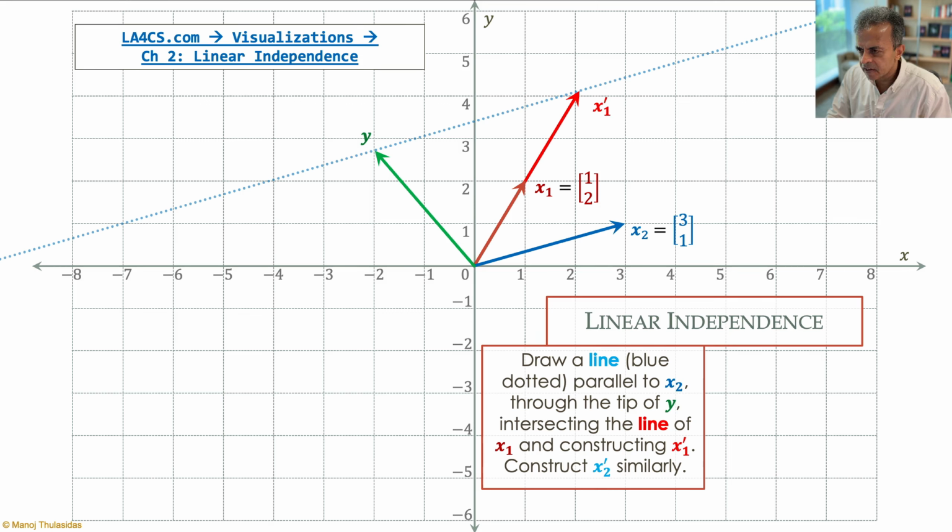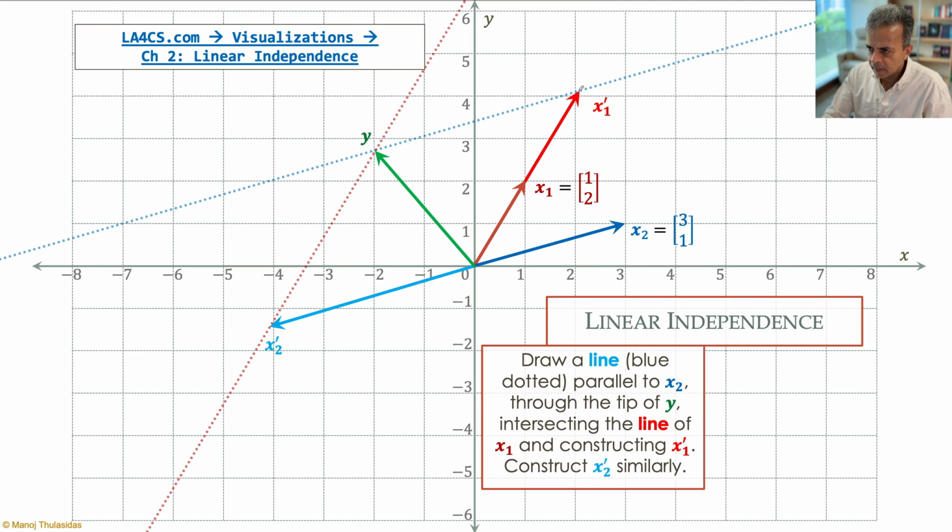Now I have hit the blue dotted line with my red vector, and the second thing I would do is to do the same thing with my blue vector. So that means I'll draw a red dotted line along my x1, then move it to the tip of y, then extend my blue vector to that line. Now can you see that y is actually the sum of this vector x1 prime that I extended to the blue dotted line and my x2 prime that I extended to the red dotted line?